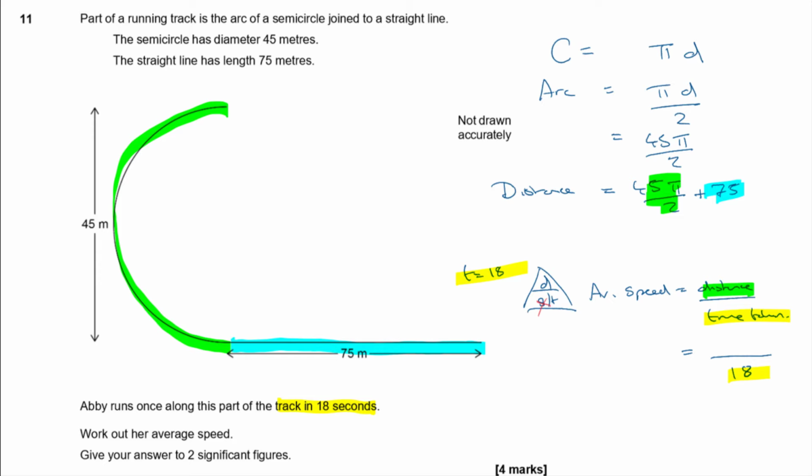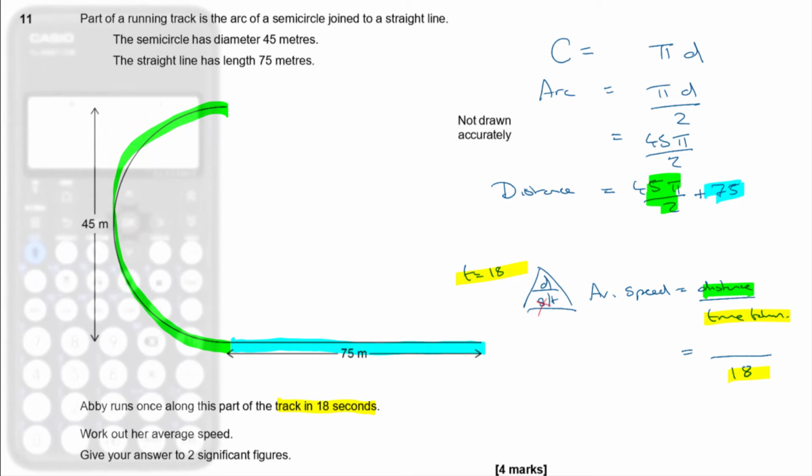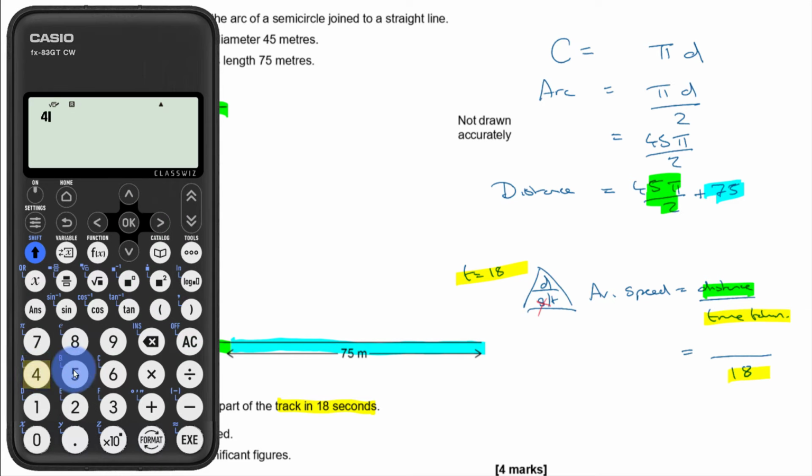So I'm going to work out what 45 pi over 2 plus 75 is. That comes to 145.7, rounded off.